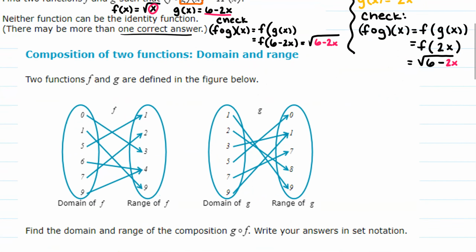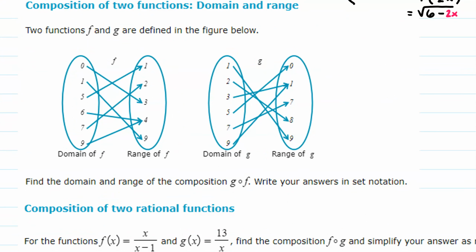Now, it turns out that when you compose two functions, the range of the inside function has to belong to the domain of the outside function, right? So if we want to do the composition g of f of x, that's g of f of x.